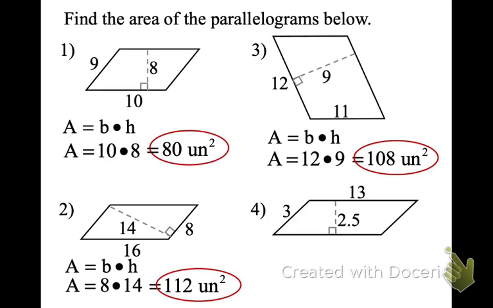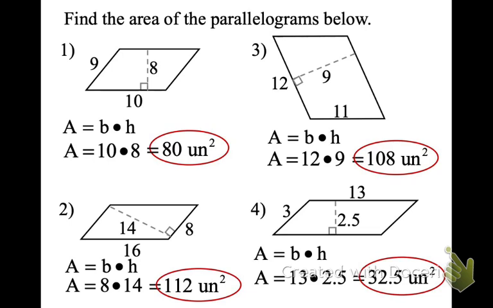Number 4, our base, remember, our base isn't identified, but remember, parallelogram, this would be my base right here. And what's parallel to it, the same size, same shape, is that 13. So we're using 13 and 2 5/10. And you should have gotten 32 5/10.